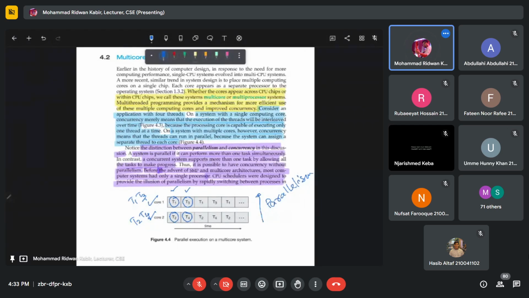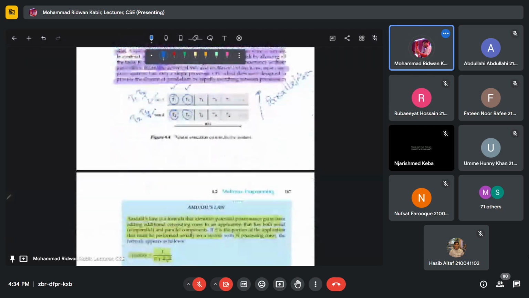The latency between these progresses is so minimal in modern computer systems that it can easily be mistaken as parallelism from the user's perspective, okay. So the concurrency that happens in multi-threaded multi-core processors is along the horizontal axis, okay. So this is basically the concept of concurrency and parallelism.